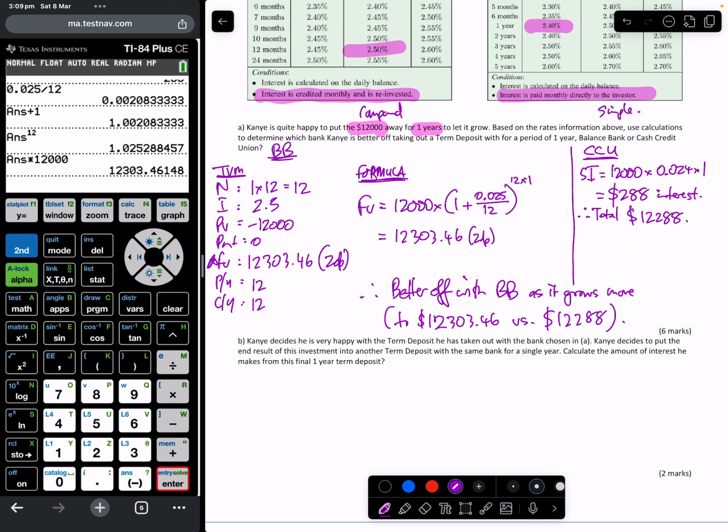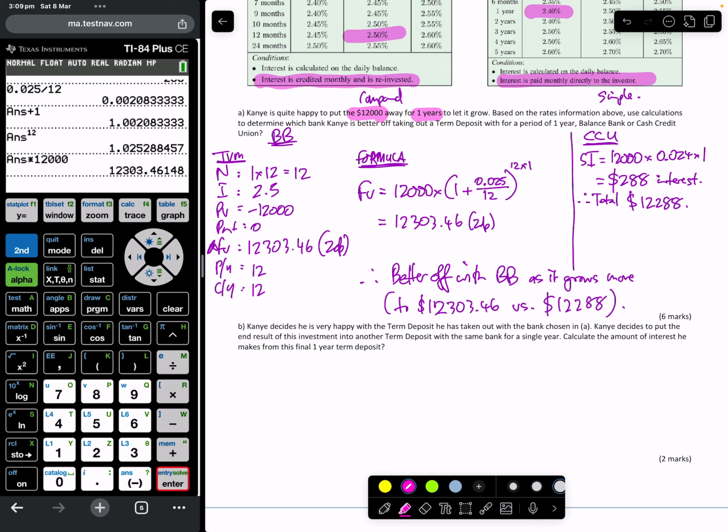Calculate the amount of interest he makes from this final 1 year term deposit. So we already decided that he chose this, that's the better bank. What's the end result of it? He's got $12,303.46.